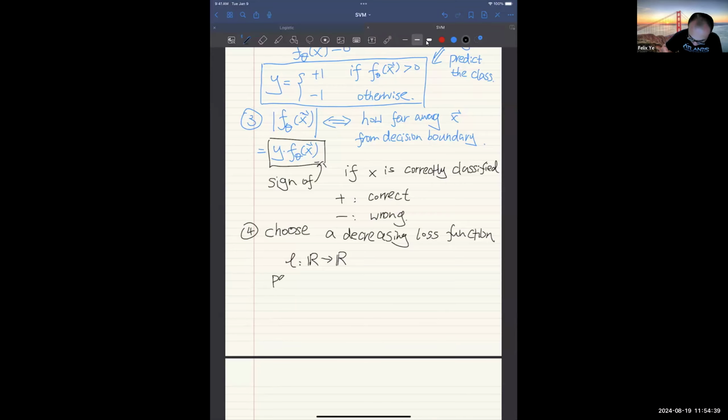So we want to penalize the discrepancy between y and f theta of x.